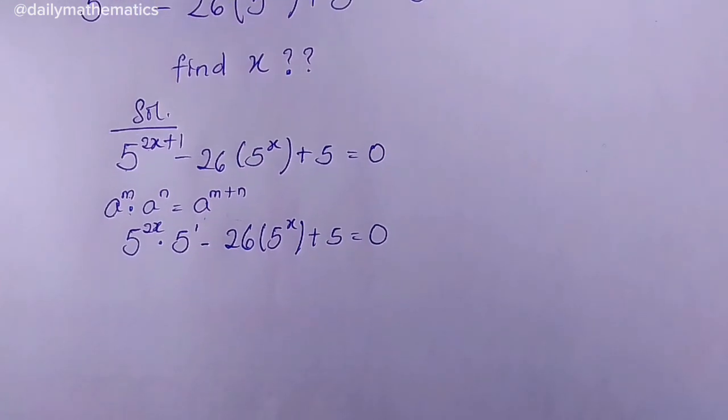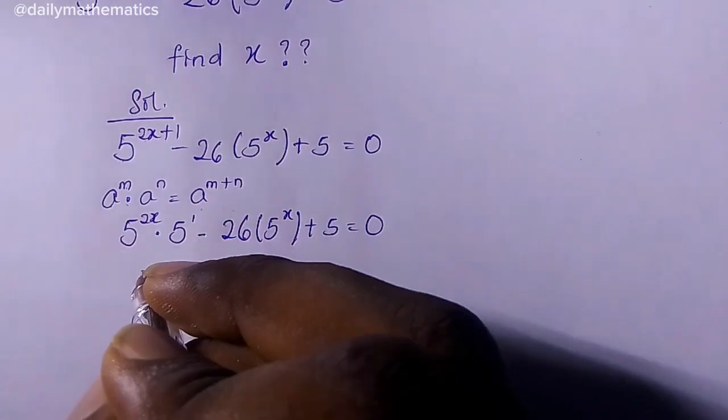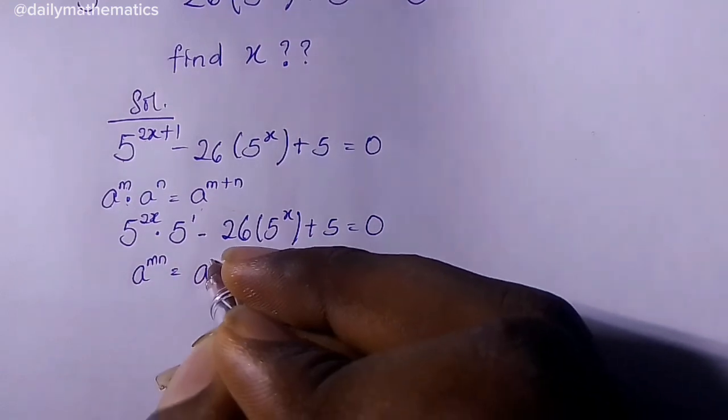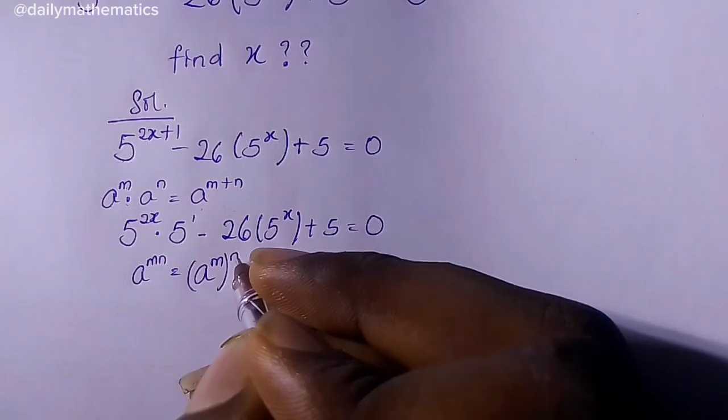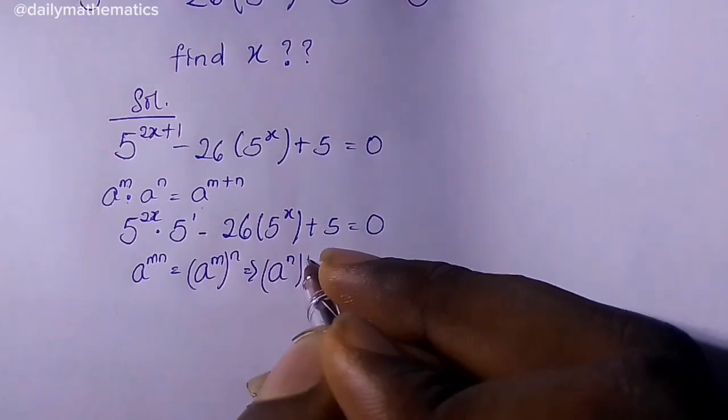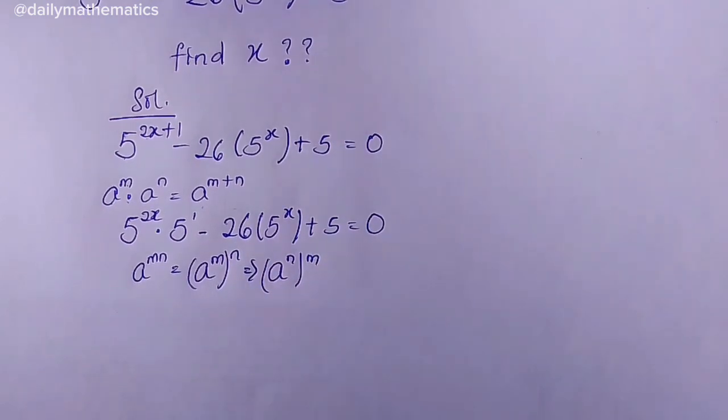Right, the next thing is that a raised to the power of mn is equal to a raised to the power of m raised to the power of n, which is also equal to a raised to the power of n multiplied by m. So that's what we're going to put here.